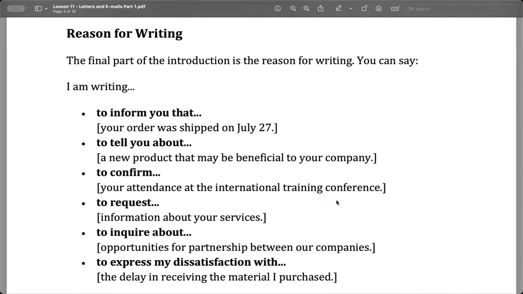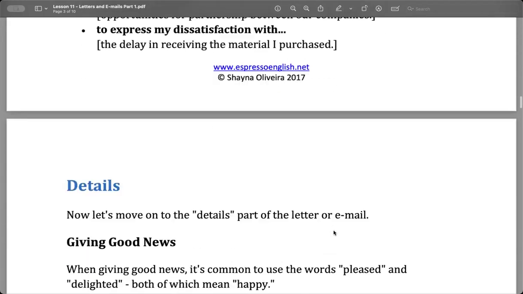To request information about your service. To inquire about opportunities for partnership between our companies. To express my dissatisfaction with the delay in receiving the item I purchased.